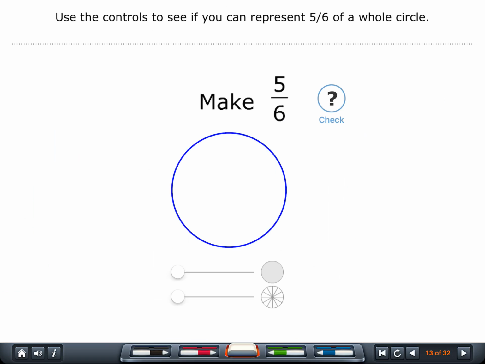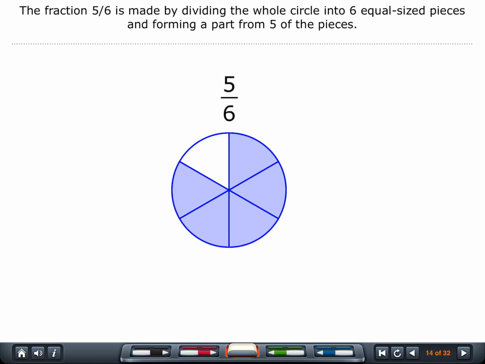Use the controls to see if you can represent 5/6 of a whole circle. The fraction 5 over 6 is made by dividing the whole circle into 6 equal-sized pieces and forming a part from 5 of the pieces.